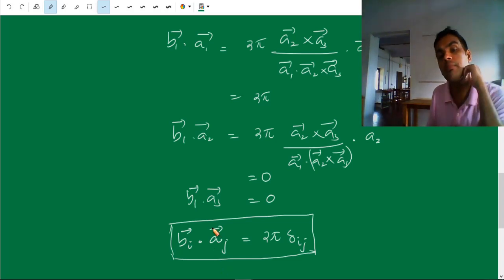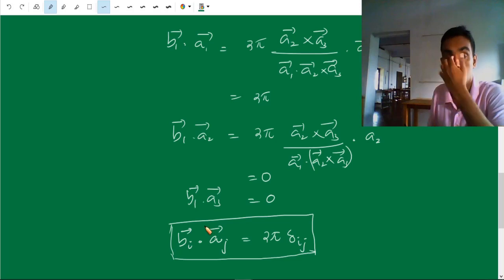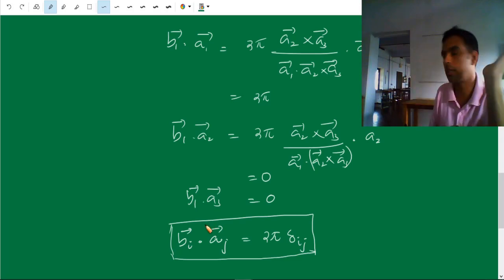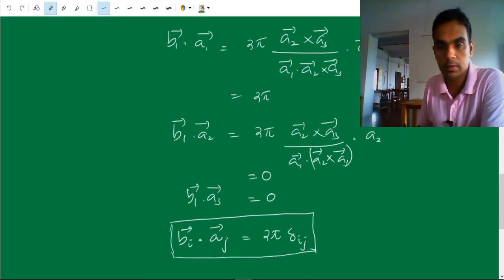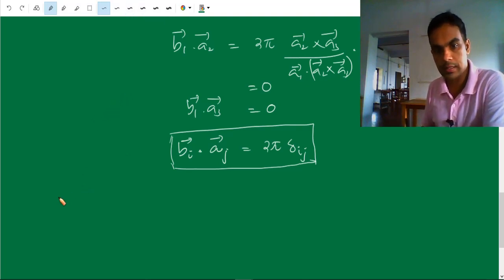The vector b1 is orthogonal to vector a2 and a3. So a primitive vector in the reciprocal lattice is orthogonal to the other two vectors in the direct lattice. So we know b1, b2, b3 are the axis vectors in the reciprocal lattice.